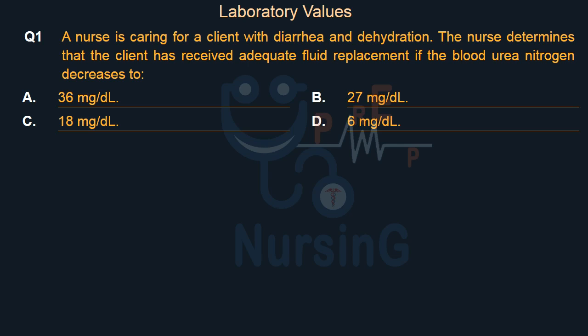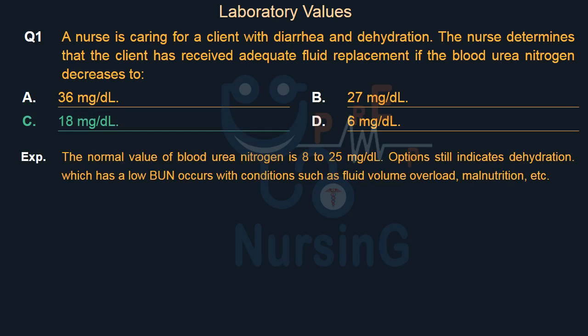Right answer is Option C, 18 mg/dl. The normal value of blood urea nitrogen is 8 to 25 mg/dl. Other options still indicate dehydration, while a low BUN occurs with conditions such as fluid volume overload, malnutrition, etc.